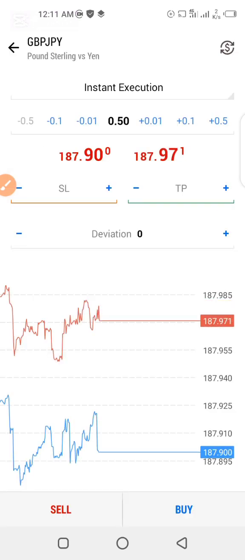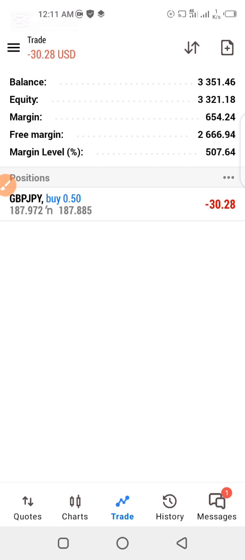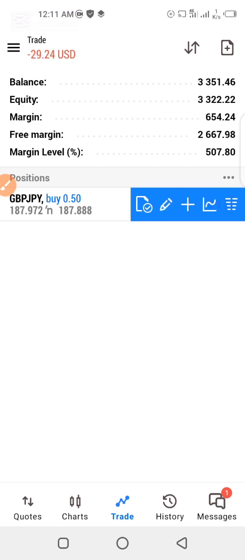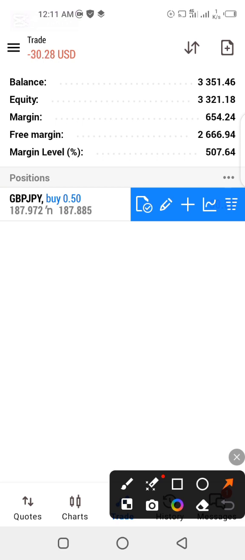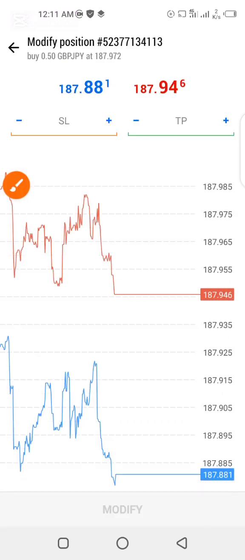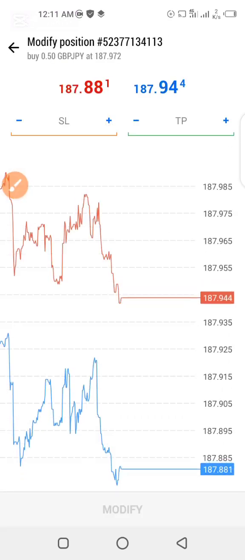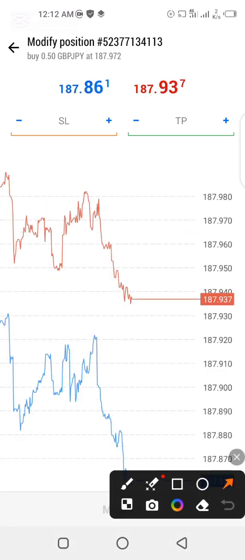You can also go back and set our SL and the rest of them. What we need to do is just click on this icon, then click on this pen icon, and it brings us back to our trading. And then we can now set our SL. Here you can see it.